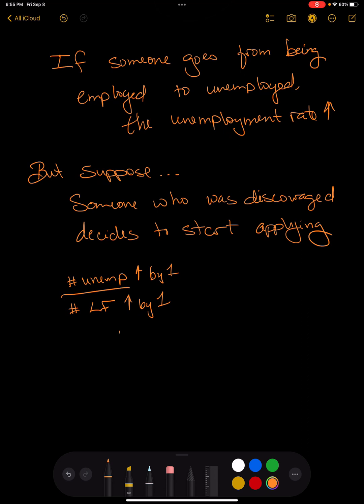Suppose before this person started looking for work, that we had one person unemployed and 4 people in the labor force. All right, so one person out of the 4 was unemployed. That means the other 3 were working. 1 over 4 means I've got an unemployment rate of 25%.